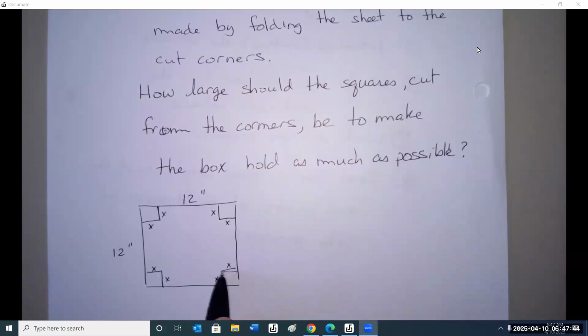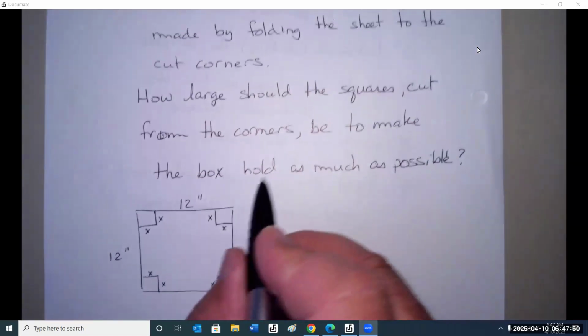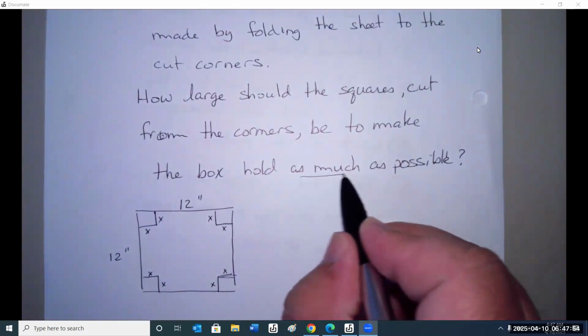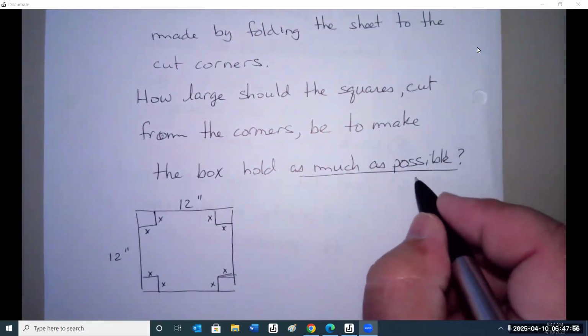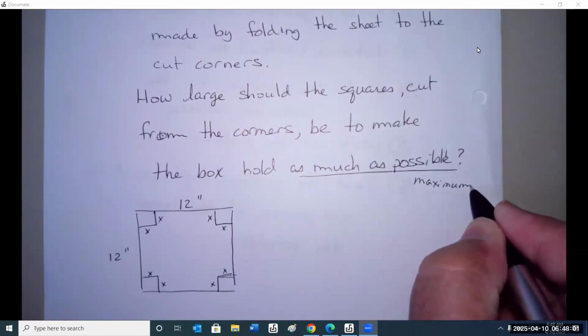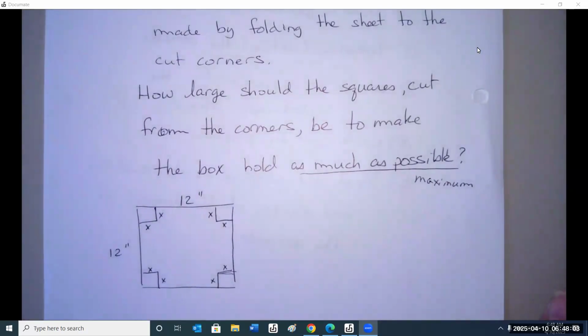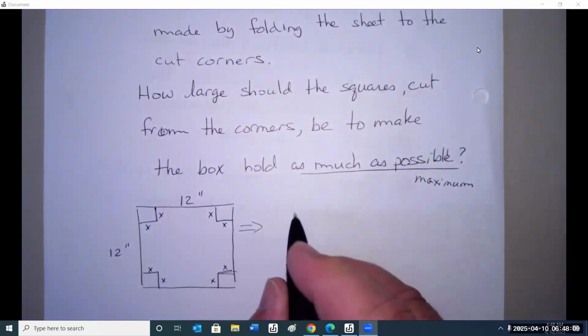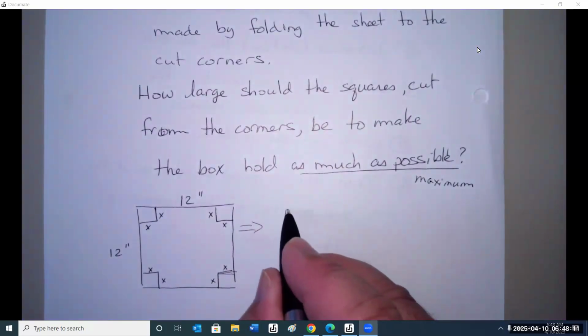Because they're squares, they all have the same sides. And we figure out how big do we cut them. Our quest is figure out as much as possible. So this is a maximum problem. So once we cut these corners, we fold up the sides.